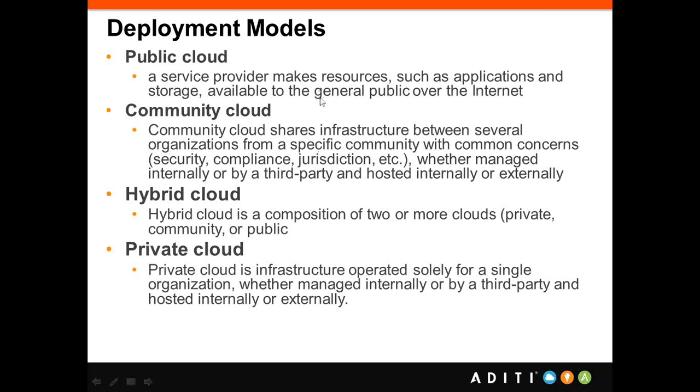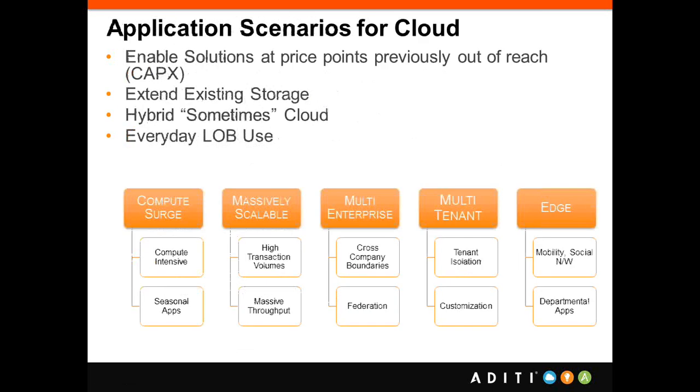Before going deep into the service deliveries, the infrastructure as a service, platform as a service, I just want to quickly touch this and talk about the different scenarios which we can think about for cloud. We already saw the workload patterns, but here we're talking about some compute surge in case you have some seasonal applications where you suddenly need some compute intensive processes to run.